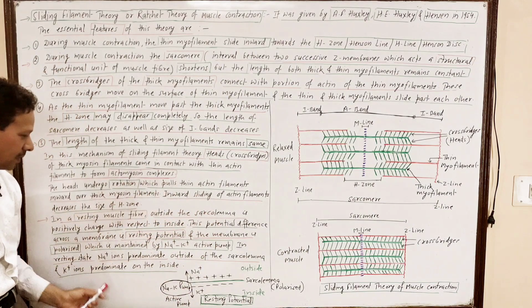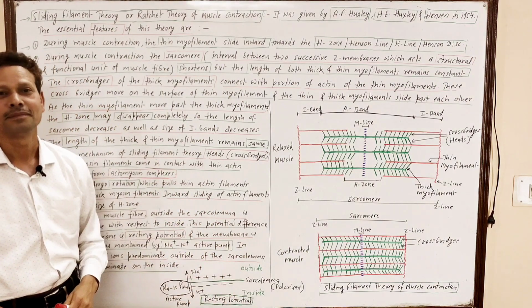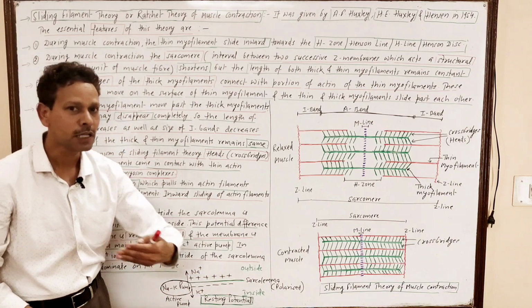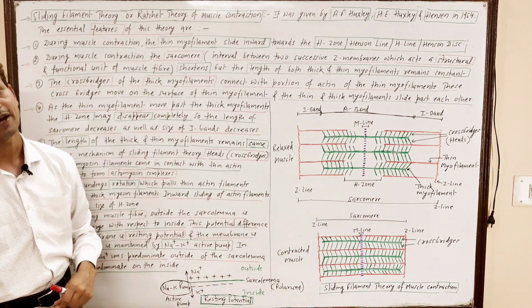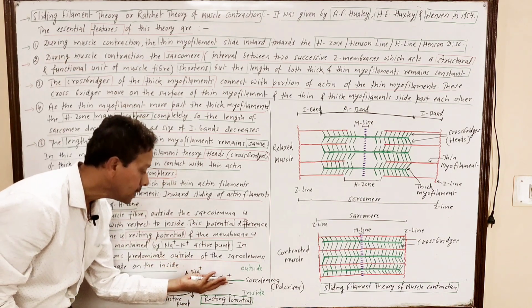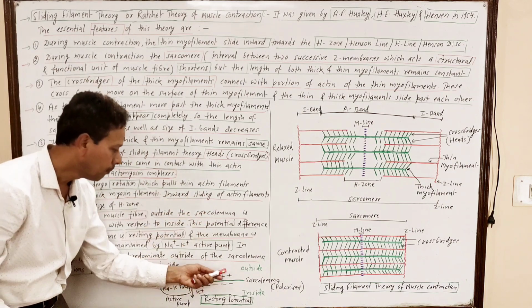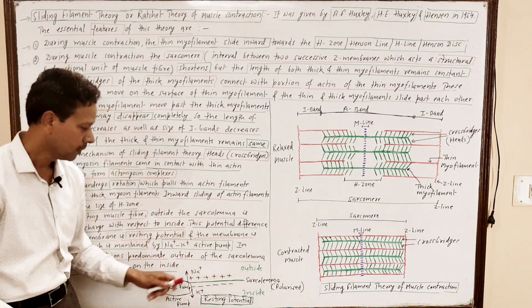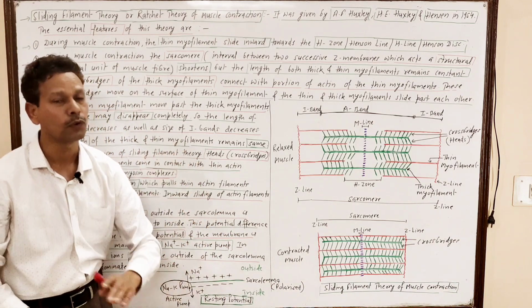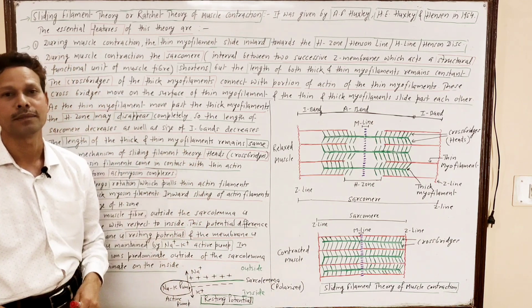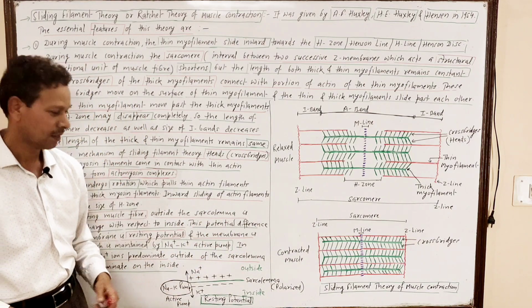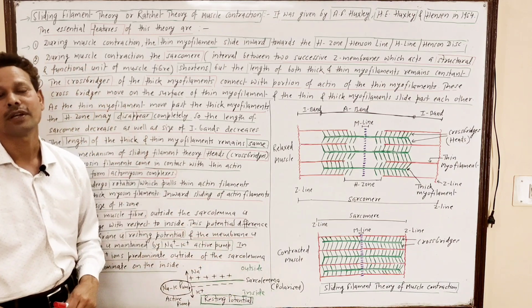Dear students, in the resting state, the sarcolemma, the plasma membrane of a muscle fiber, is polarized, with positive charge on its outside and negative charge inside the sarcolemma, inside the sarcoplasm. This potential difference is the resting potential.